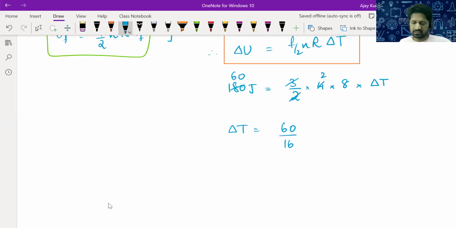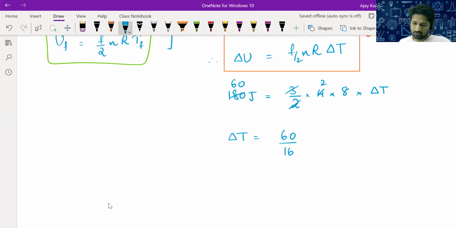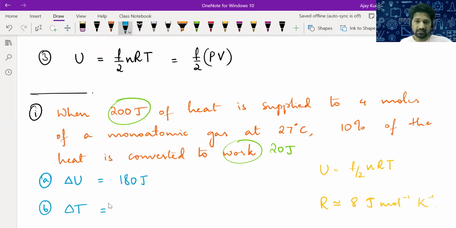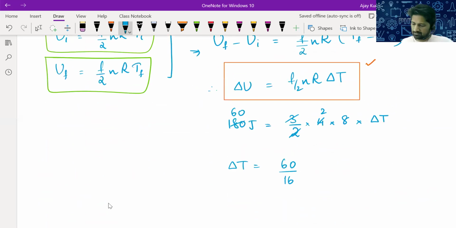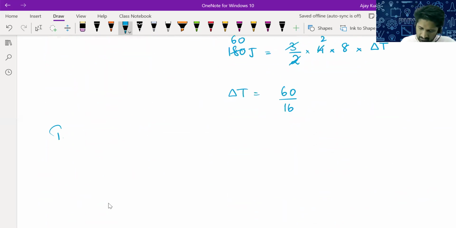Anyway, you get the change in temperature, and you were told that the initial temperature is 27 degrees C. Now, you know the change in temperature, 60 by 16, this is 4 times 15 over 4 times 4, that becomes 3.75.